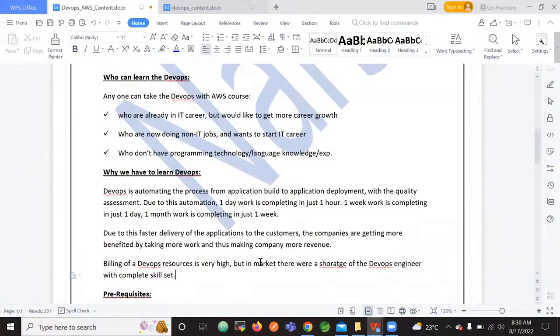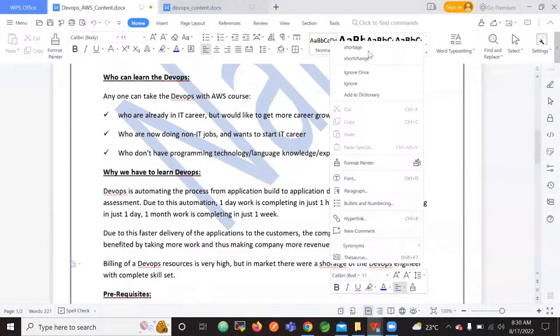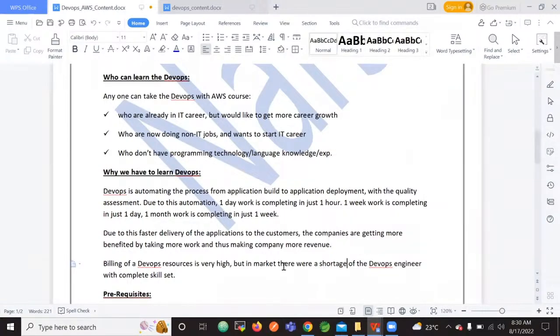So what is this complete skill set the companies are looking for? Let us understand. What does this complete skill set mean? Though the complete skill set is not available in the market yet, still they are taking the resources.